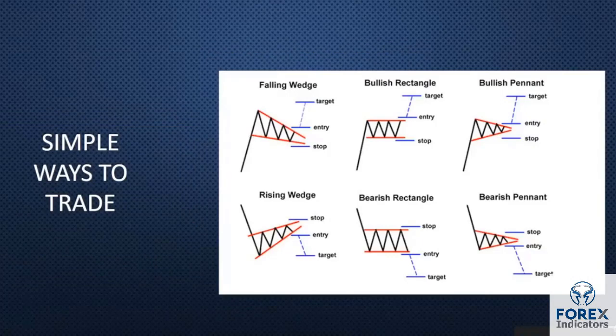Now, there are 6 simple formats. You have falling wedges, bullish triangles, bullish pennants, rising wedges, bearish triangles, and bearish pennants. When you have these correctly, in binary options you don't set your stop loss and take profit points.